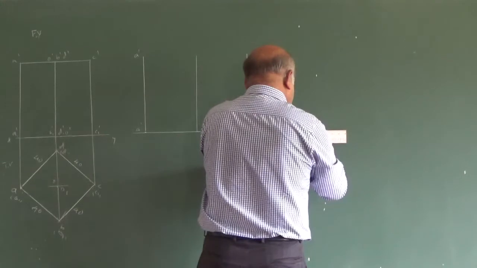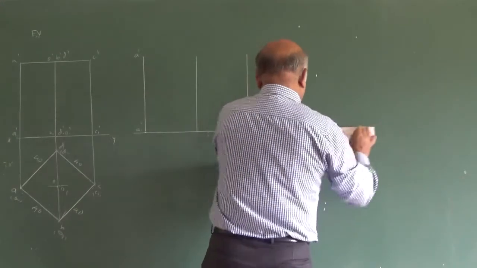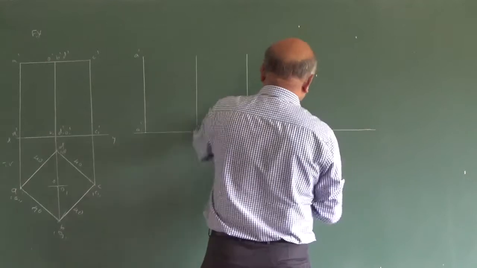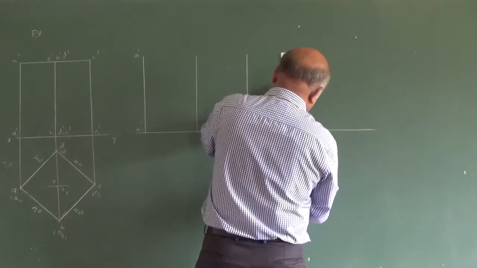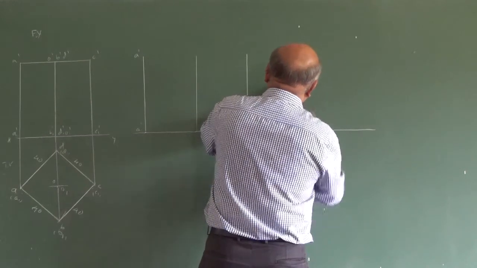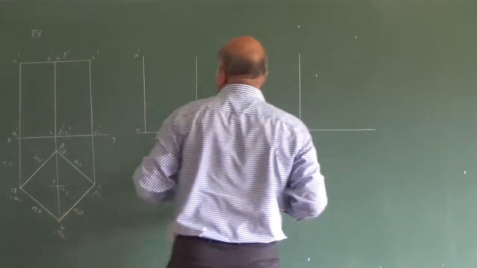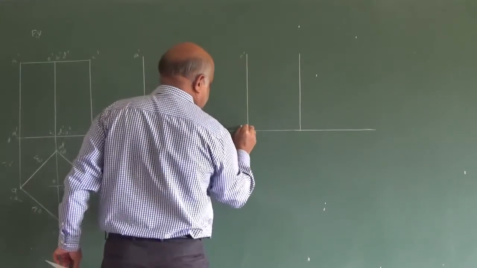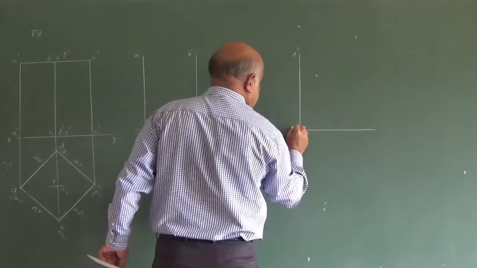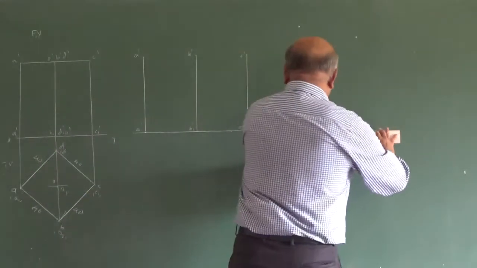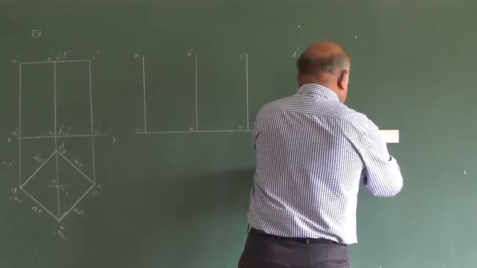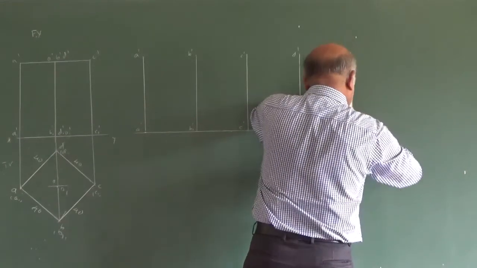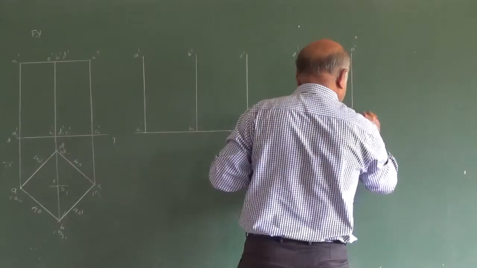At a distance of another 40 mm, you will get D dash, D1 dash. 1, 2, 3, and one more, last one, D to A. This is once again A dash, A1 dash.